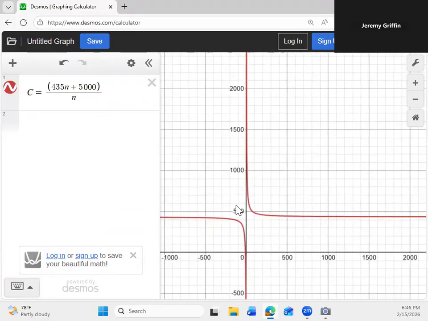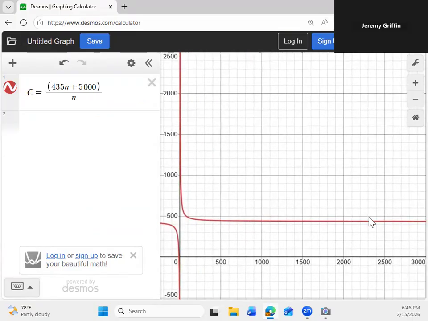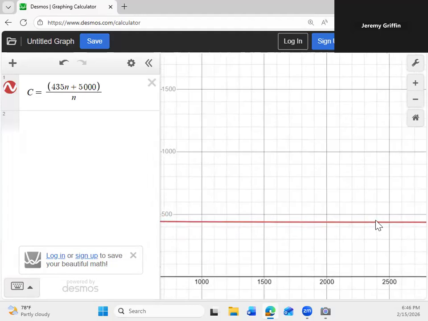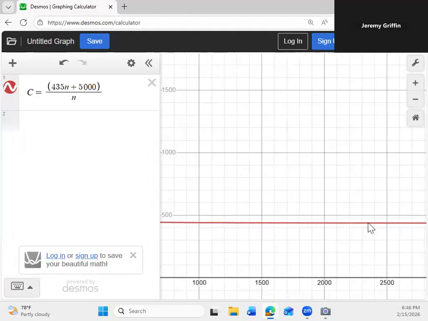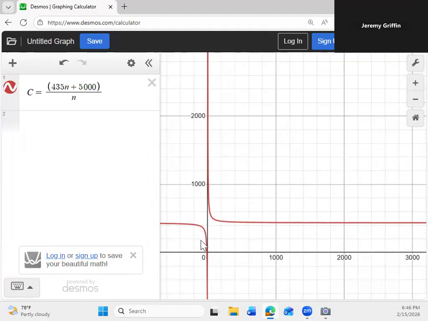But if you manufacture thousands of computers, then that rent gets divided by thousands of computers. So the average cost is going to asymptotically approach 435, and you can see that horizontal asymptote right here at 435.